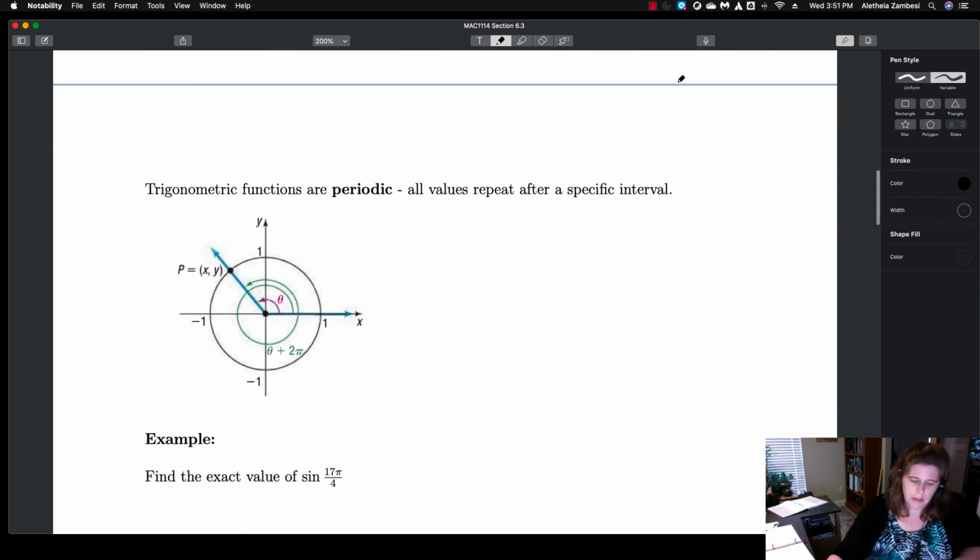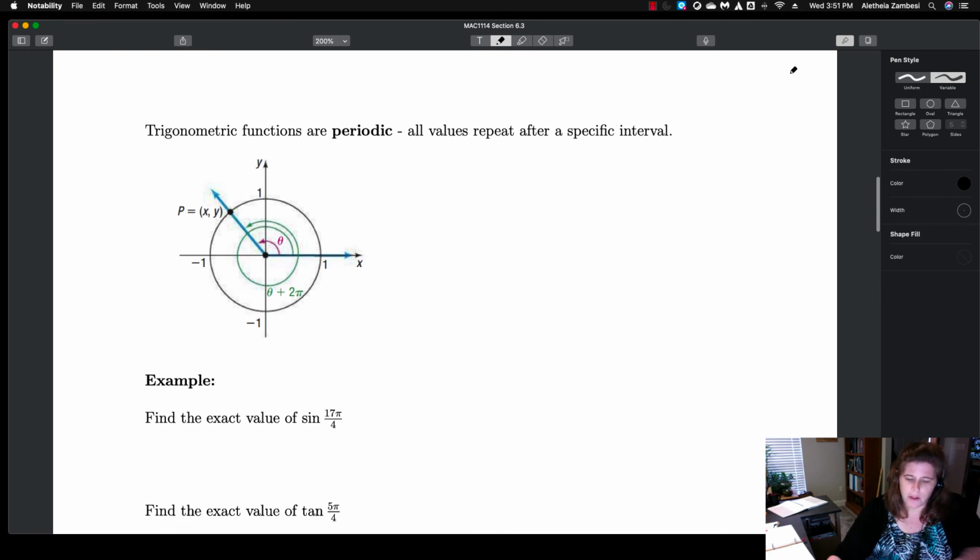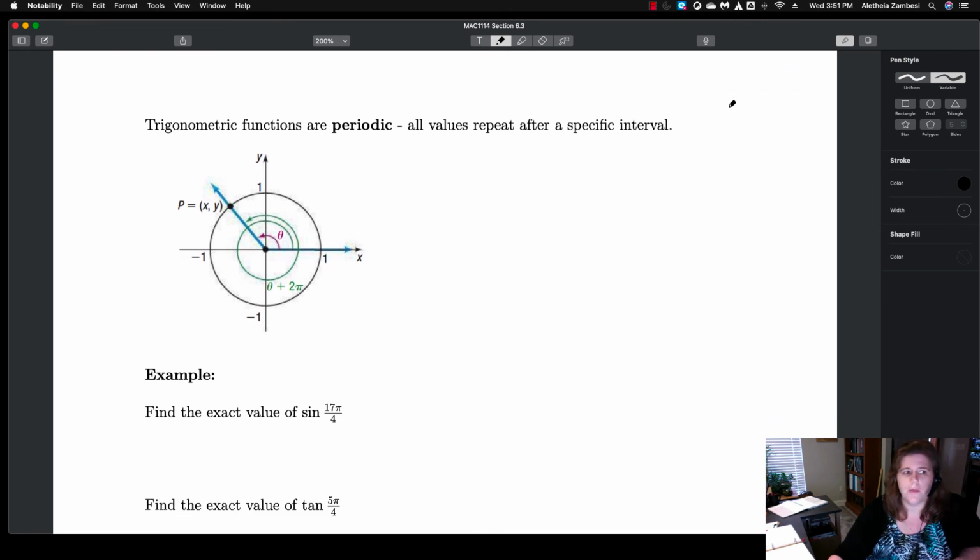Some of the relationships between the trig functions help us to determine what the trig functions are of bigger angles or in relation to each other. So all of the trig functions are periodic. You can go around the unit circle multiple times. The values repeat after a specific interval.